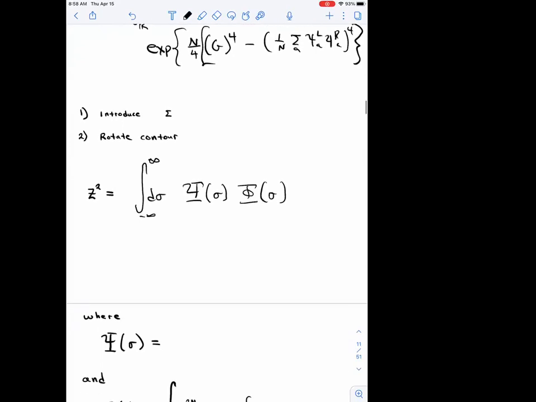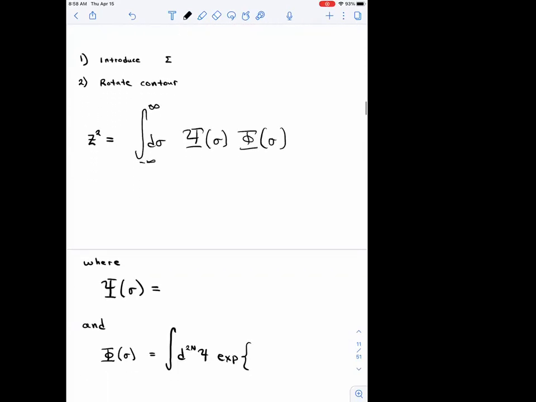Let's now explain what these functions are. But by the way, you should think of this as being like e to the minus the action for this collective field theory of sigma. Now we've integrated out G, so we just have one variable, and this is the action for that variable in the fixed coupling theory.